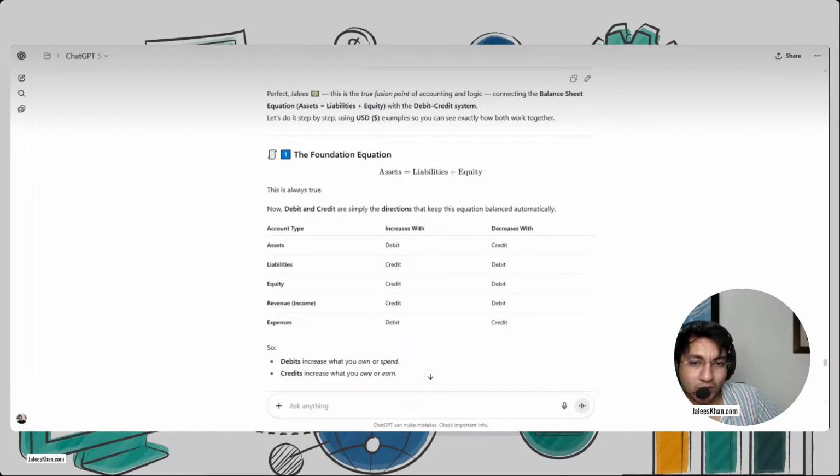So in what value it is converted. So credit is the starting point, debit is the ending point. That's it. So now the debit and credit follow a simple direction that keeps this equation balanced.